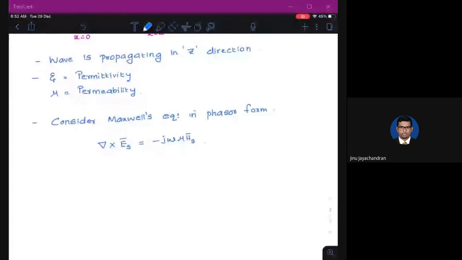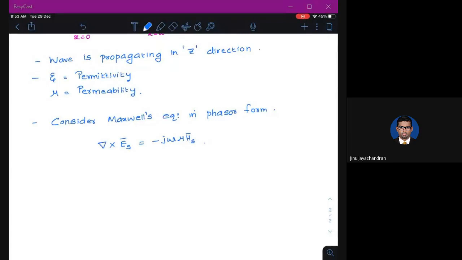Actually, this is the phasor form. Now the actual equation is del cross E is equal to minus dou B by dou t.